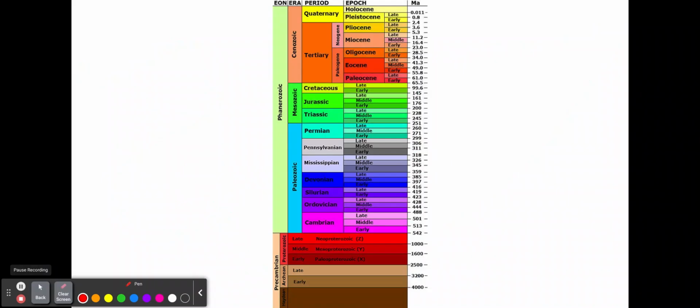And this is a chart so we can look at when life that had eyes, camera type eyes like we have, that could finally see the world, would appear within the Cambrian period. You can see it in the Paleozoic era, before the dinosaurs.